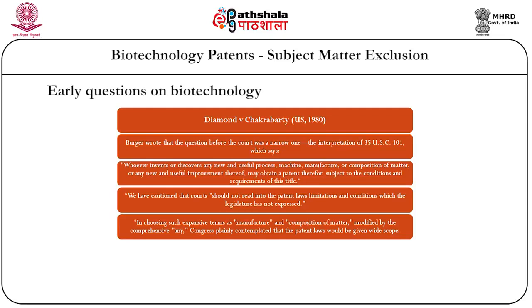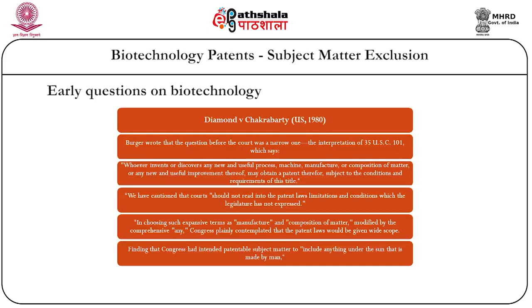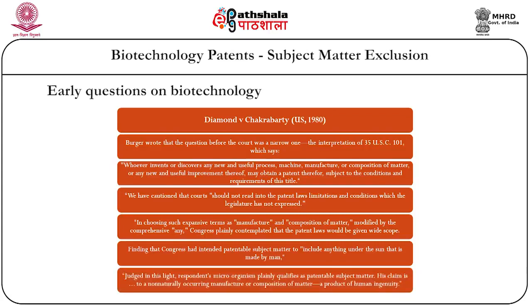In fact, the court went on to make a finding that the Congress has intended patent subject matter to include anything under the sun that is made by man. And finally, judged in the light of the respondent's microorganism, it plainly qualifies as patentable subject matter. That's what the court said. His claim is to a non-naturally occurring manufacture or composition of matter, a product of human ingenuity.